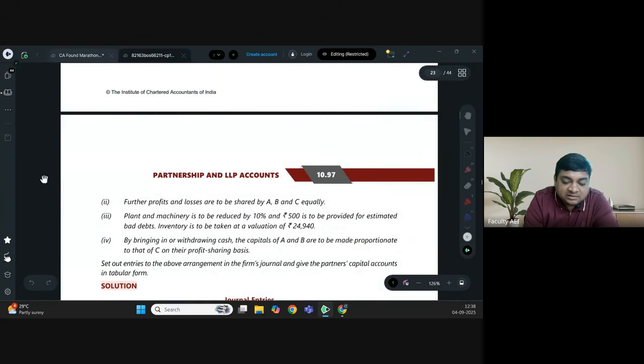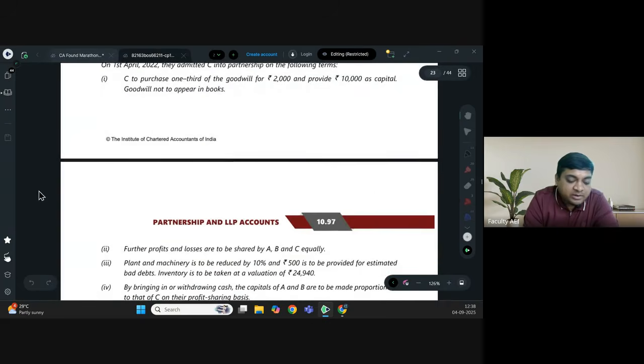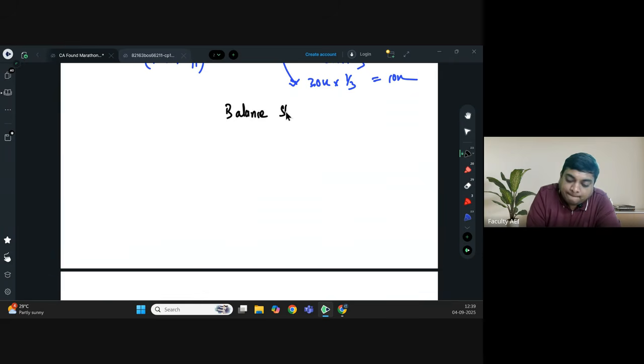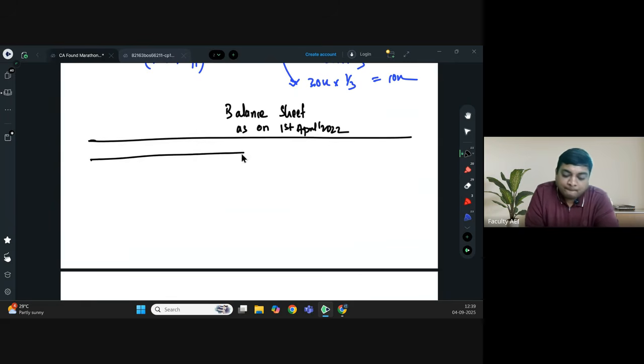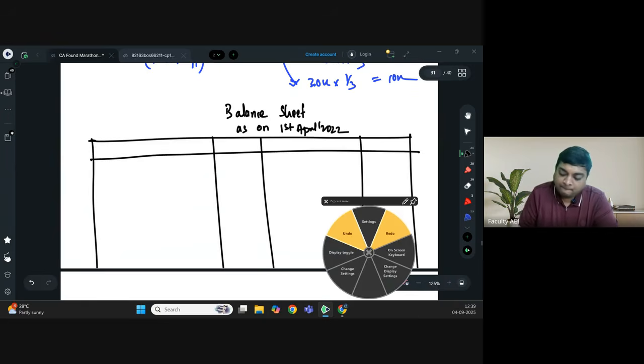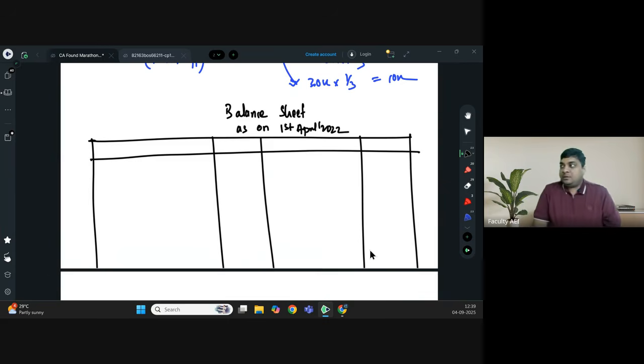What is the date? 1st April 2022. Liabilities, assets.